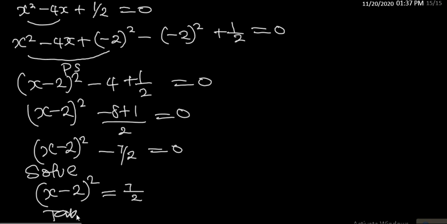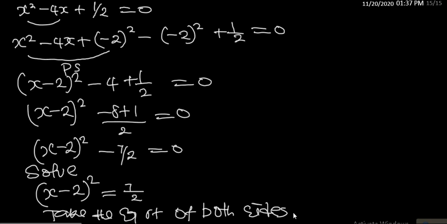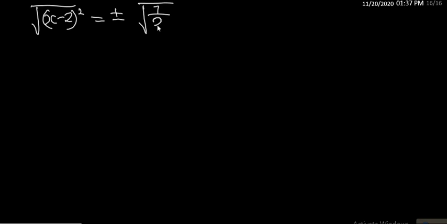Then we can take the square root of both sides. So if you take the square root of both sides, you have the square root of x minus 2 squared equals plus or minus the square root of 7 over 2.